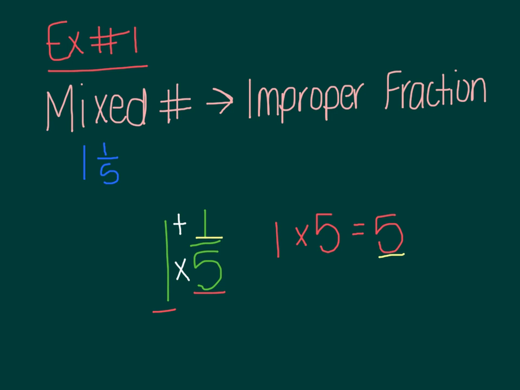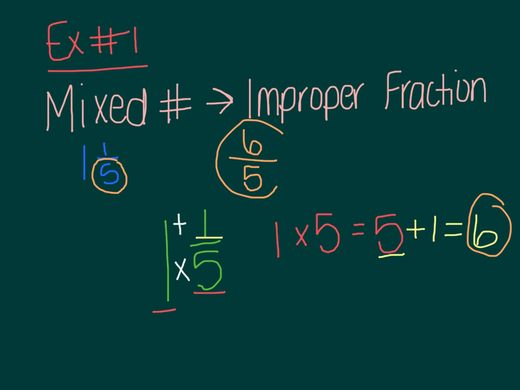So we add that to our answer. 5 plus 1 equals 6. Now that 6 becomes our new numerator. And our denominator stays the same as it was in the original mixed number, which was 5. So our answer is 6/5.